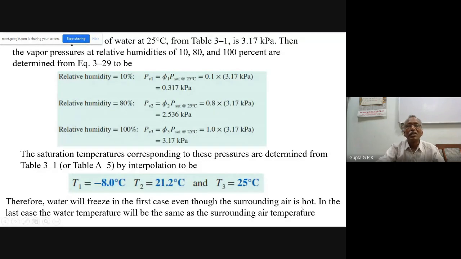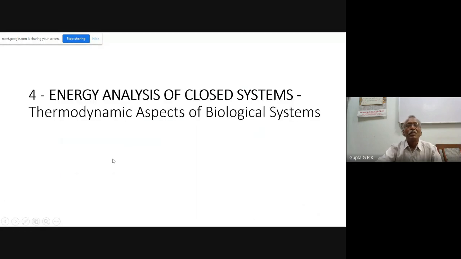Okay, so the surrounding air is at 25 degrees centigrade, but still it gets frozen. And in the last case, the water temperature will be the same as the surrounding air temperature because it is 100% relative humidity. It is completely in equilibrium. Okay, so that is the way we can see. Sometimes we don't understand the systems, but if you know the physics of it, we can understand it.